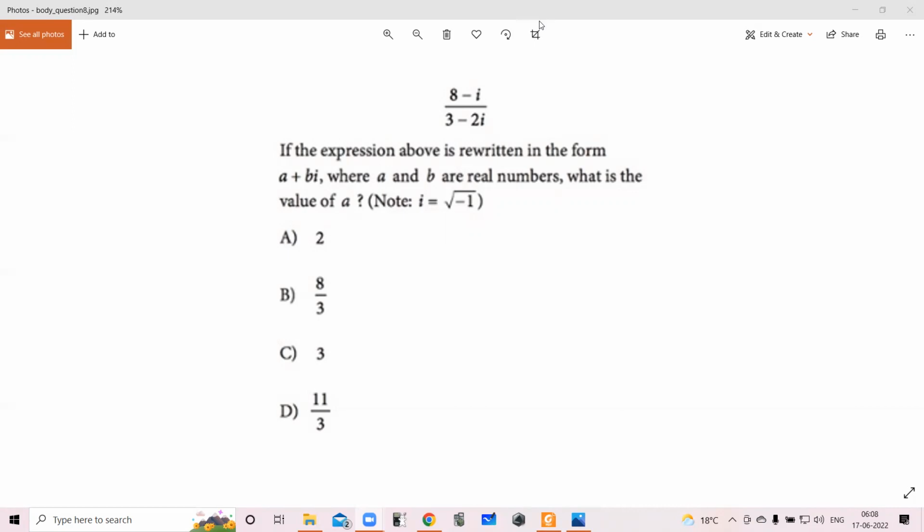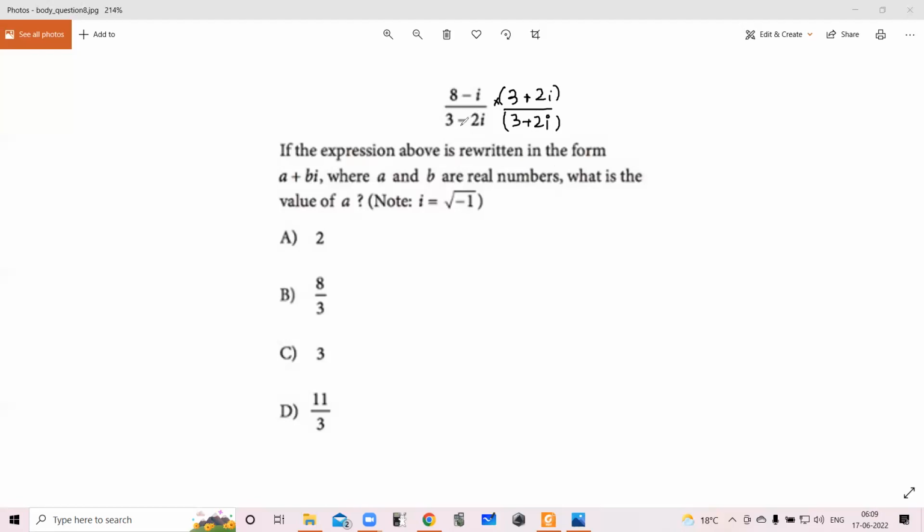Multiply by the complex conjugate and divide by the complex conjugate. For example, if this is 3 minus 2i, you'll write 3 plus 2i divided by 3 plus 2i. Whenever you have an imaginary number in the denominator and you want to remove it, you multiply and divide by its conjugate.